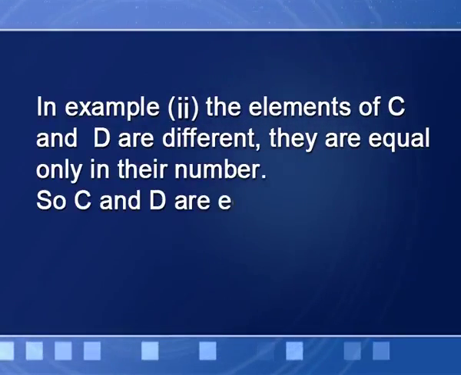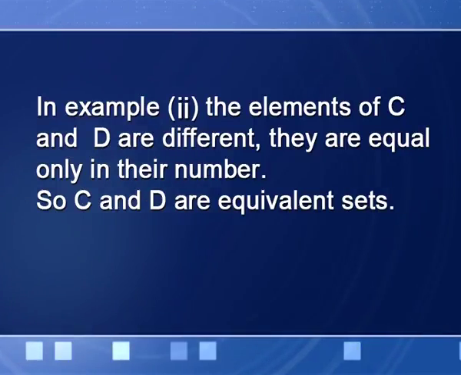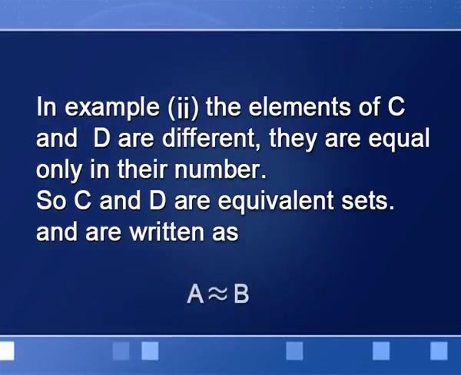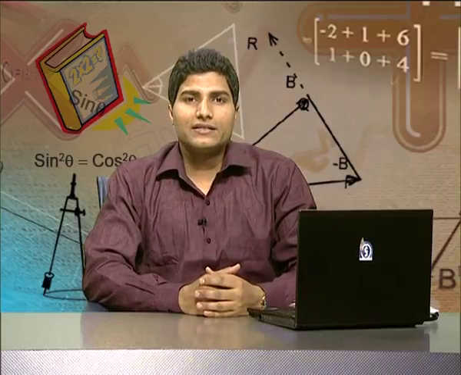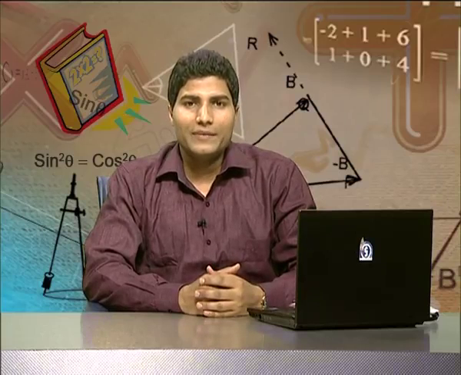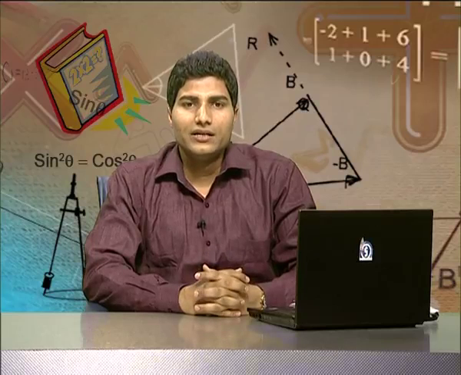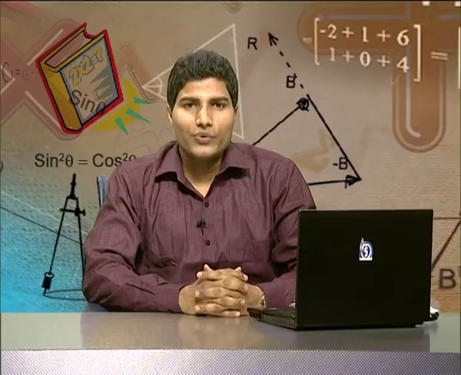So C and D are equivalent sets and are written as C equivalent to D. Friends, these two words seem to be similar, but actually they are different. Equal sets will have all the elements equal to each other, but equivalent sets will have only the number of elements equal to each other.